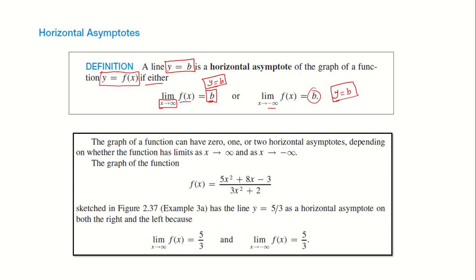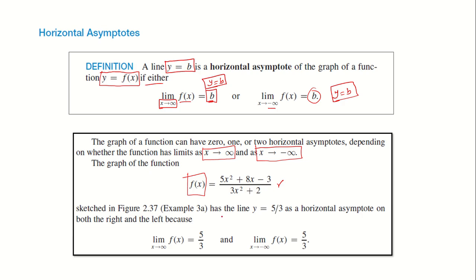Okay, here is the explanation. That is, the graph of a function can have 0, 1, or 2 horizontal asymptotes, depending on whether the function has limits as x approaches positive infinity or even as x approaches negative infinity. And we are given here f of x equals this.